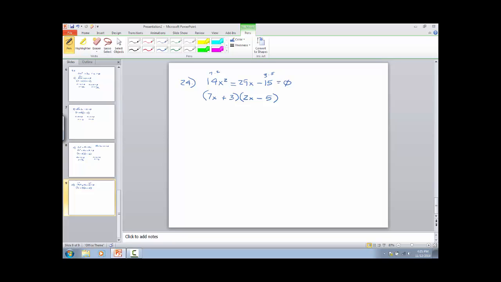So we've got 6x, negative 35x, should give us negative 29x. So I think you can see that we set these equal to 0, and we should get x equal to negative 3/7 and x equal to 5 halves.